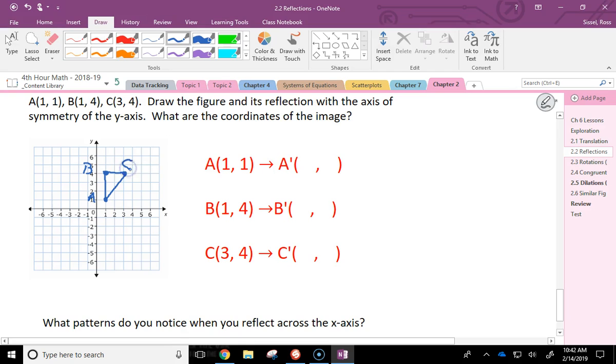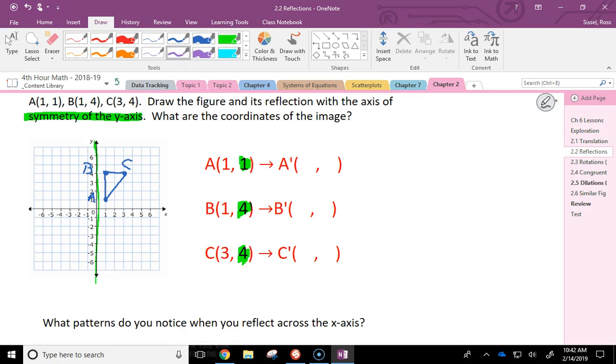A, B, and C. If I follow Dusty's idea, they're telling us now to use the y-axis as my symmetry. If I use what Dusty had said, now that I'm using the y-axis, that means my y should stay the same.